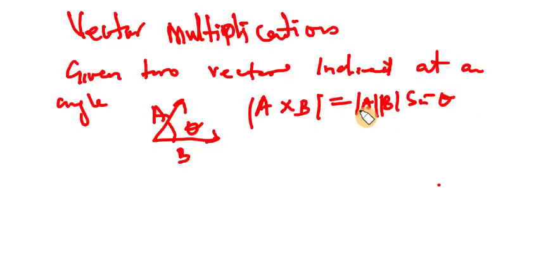So when you know the magnitude of A and the magnitude of B and the angle in between, you can find the cross product of the given two vectors A and B.